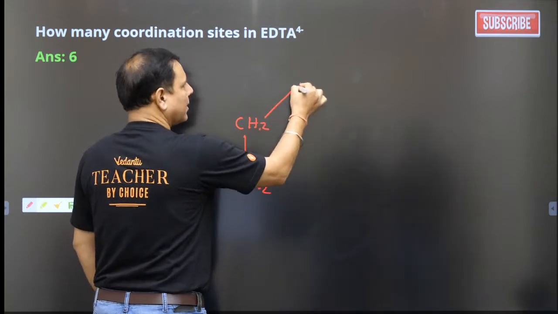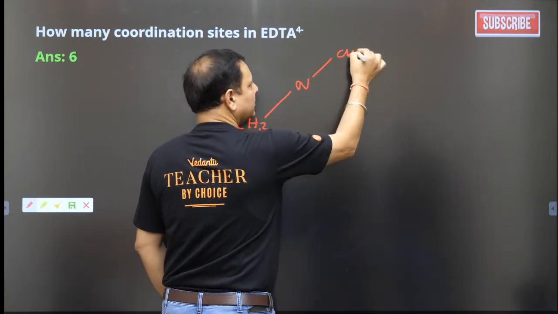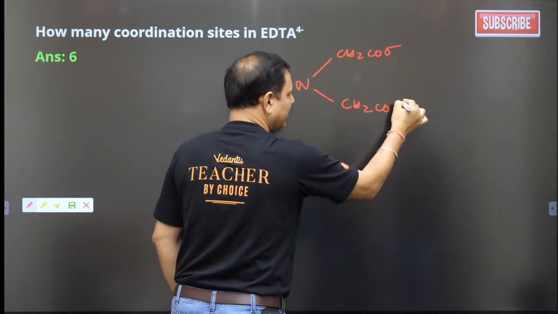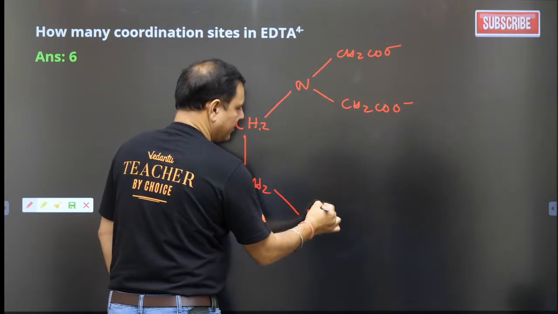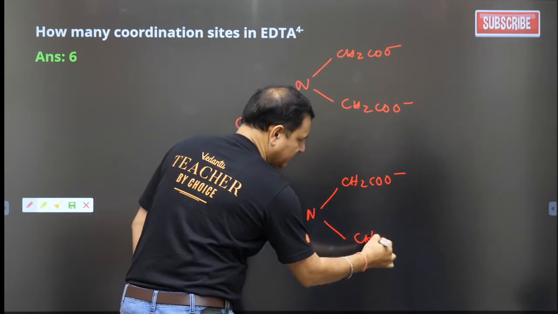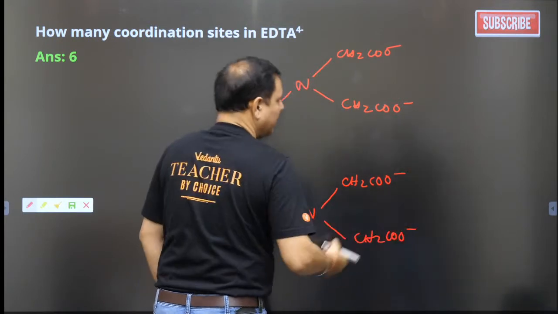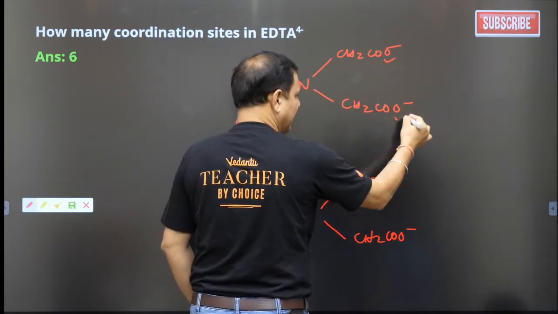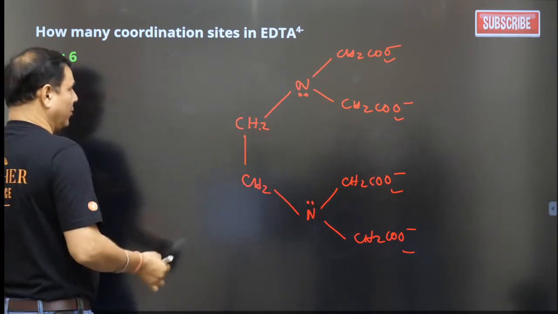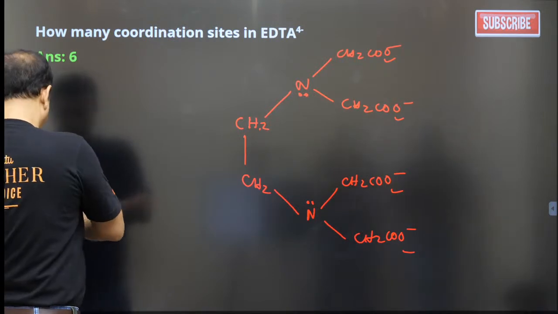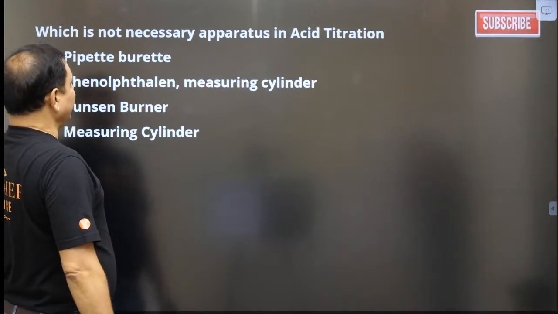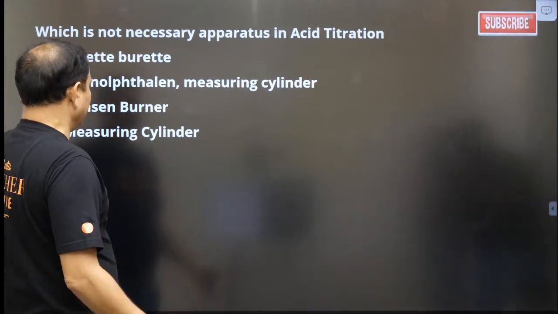Means N, CH2COO minus, CH2COO minus, similarly CH2COO minus and CH2COO minus. There are 6 coordination sites, this, 4 oxygens and 2 nitrogens. So it has 6 coordination sites.